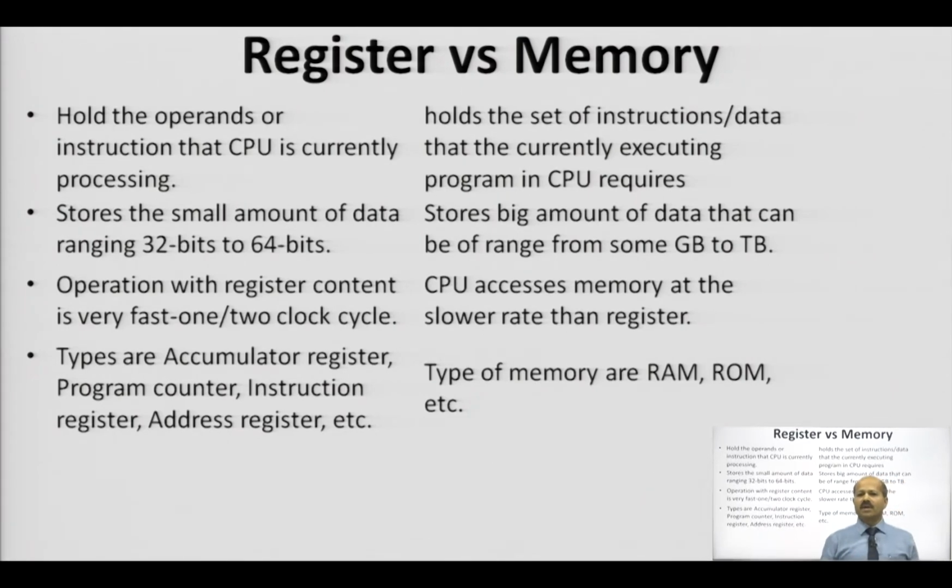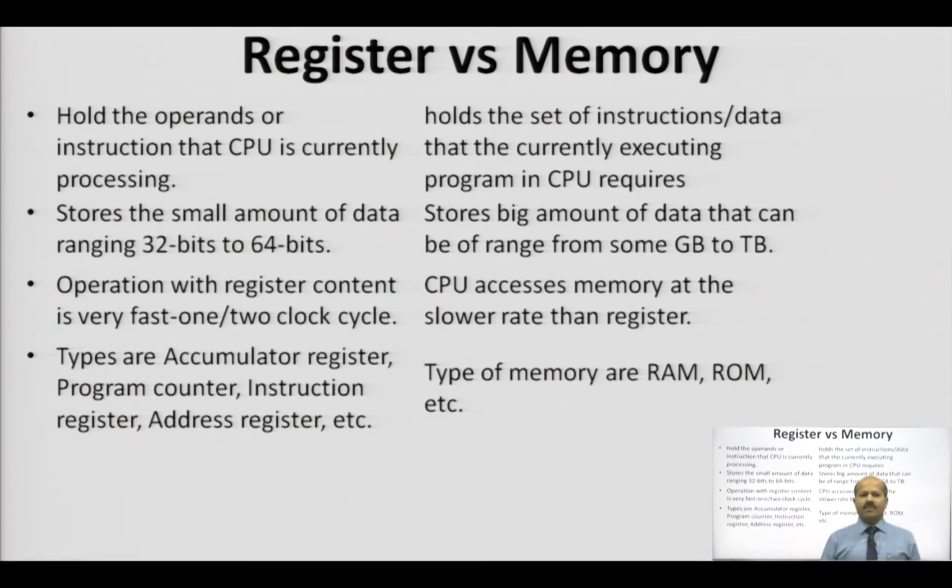Register will hold the data which is immediately required by the processor during the execution of any instruction, and after execution the intermediate result will also be stored in the register first. However, memory will store those instructions which are required in a sequence or which are currently executed by the processor. So, this is the basic difference between register and memory.